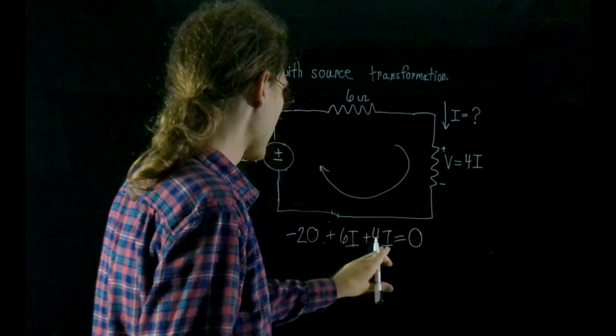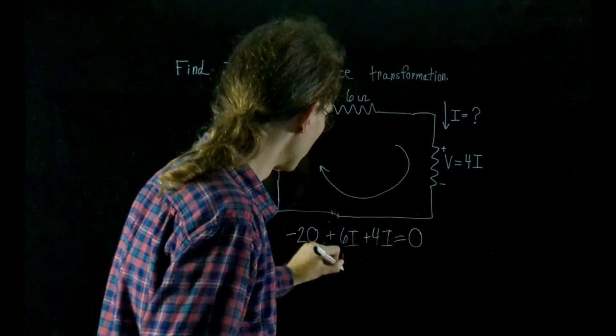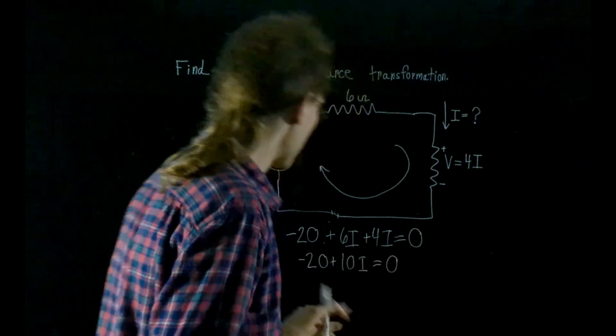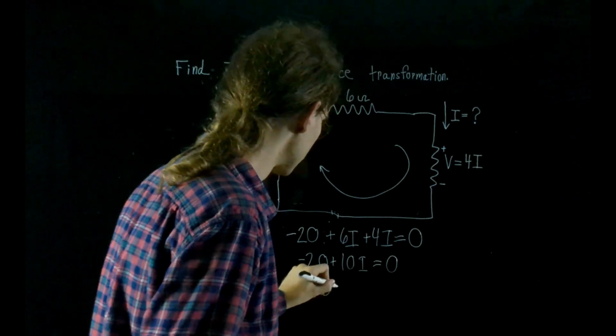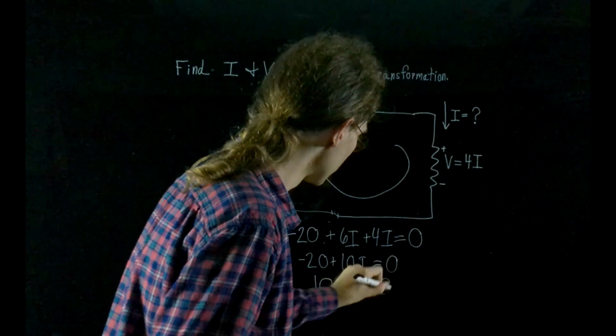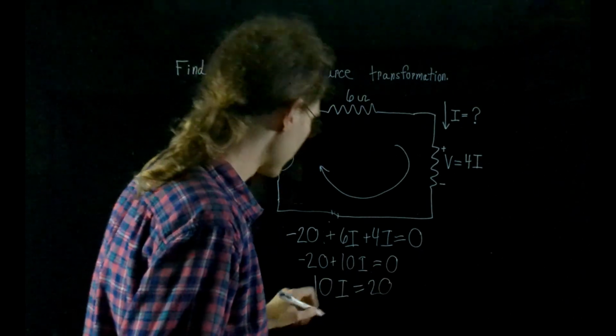We can then add the 6 and the 4, which equals 10I equals 0. Then we can add 20 to both sides. And if we divide both sides by 10, 20 divided by 10 equals 2.